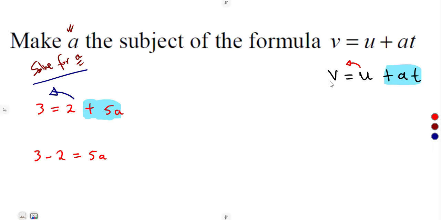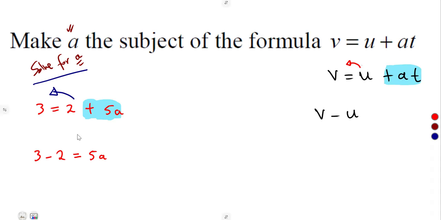Like this one, we can take it to the other side, just like a 2. So you treat U just like a 2, as a constant. V and U, for now you treat them as constants, just like numbers, just like 3, just like 2. So it was going to be V minus U, because it was a positive.